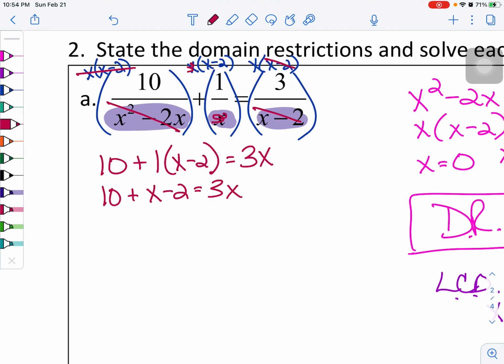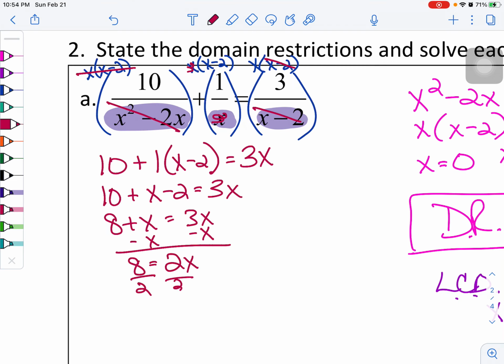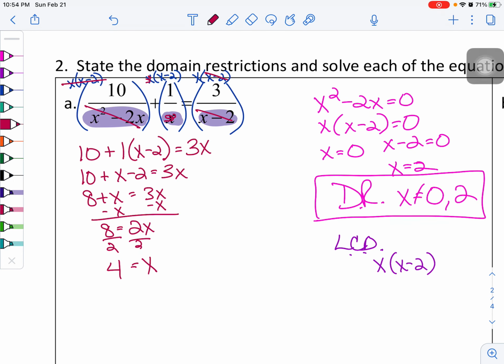So 10 plus distribute the 1, so x minus 2 equals 3x. I'm going to solve this by combining some like terms. So 8 plus x equals 3x. I'm going to subtract an x from both sides. Whoops. Subtract an x, not a 2. 8 equals 2x. Divide both sides by 2, and I'm going to get x equals 4.